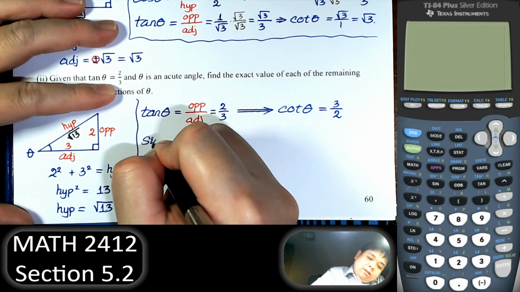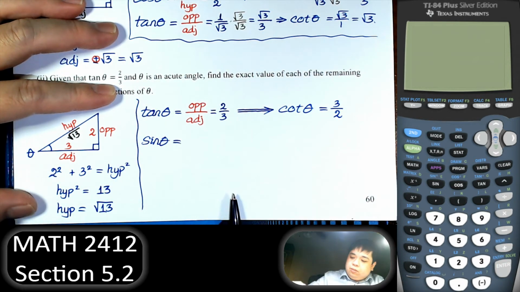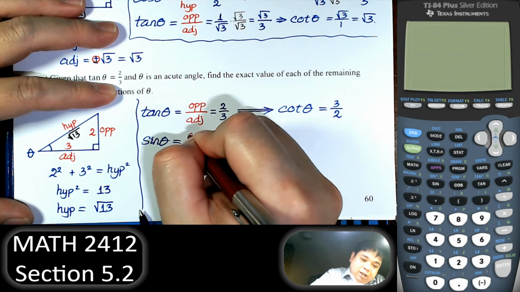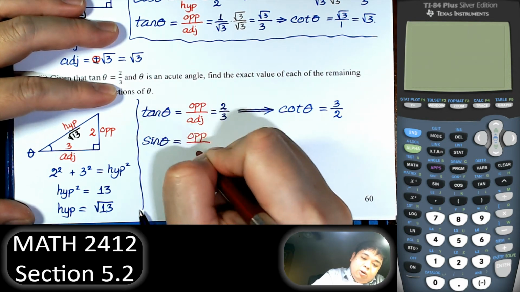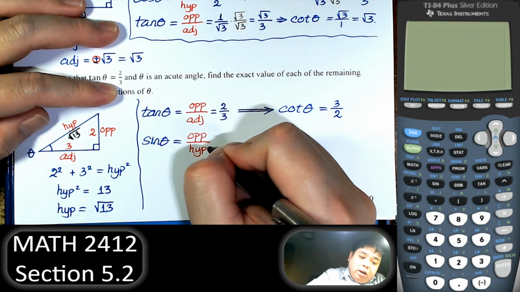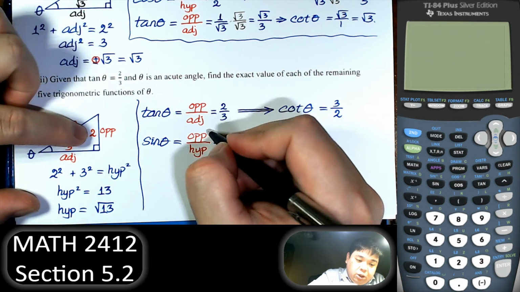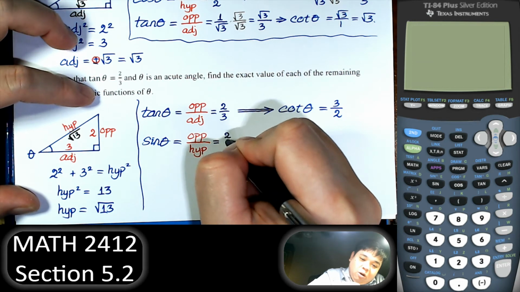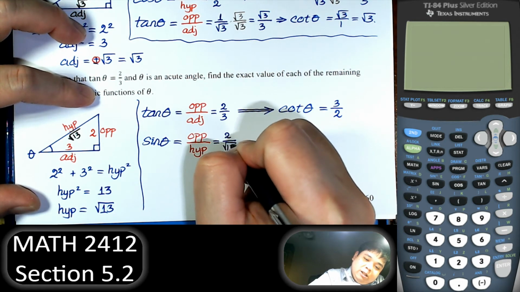Sine, opposite over hypotenuse. Opposite is 2 over hypotenuse is square root of 13.